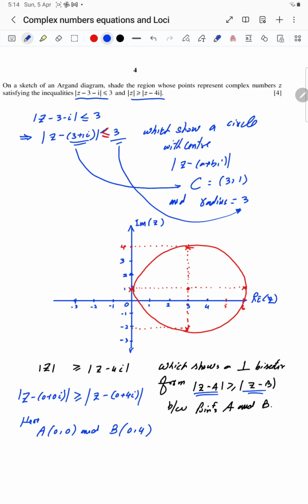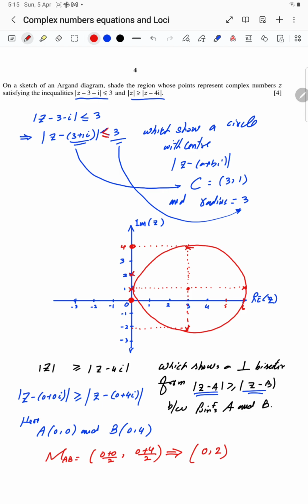So I need to make the perpendicular bisector of this one. (0, 0) is here, and (0, 4) is here. The midpoint of AB is ((0 plus 0) by 2, (0 plus 4) by 2), so I will find it at (0, 2).